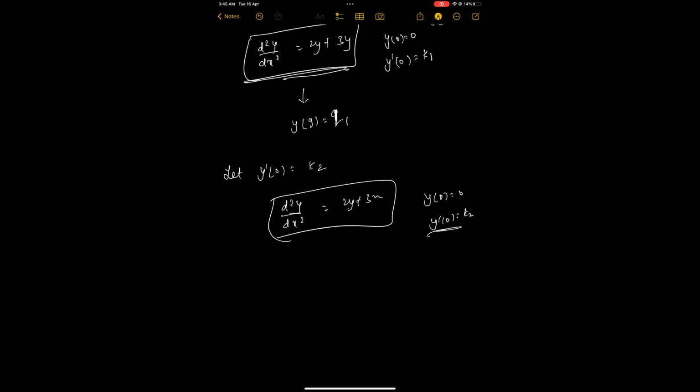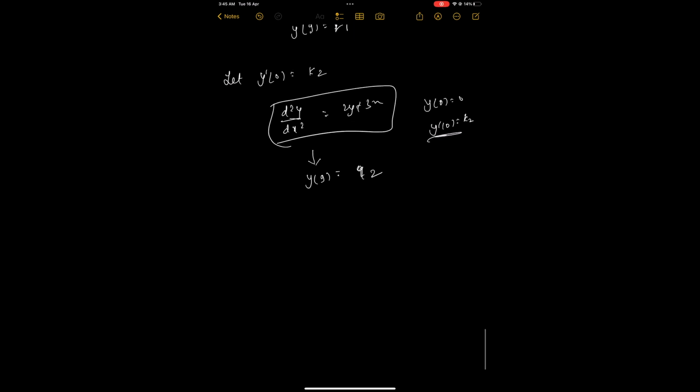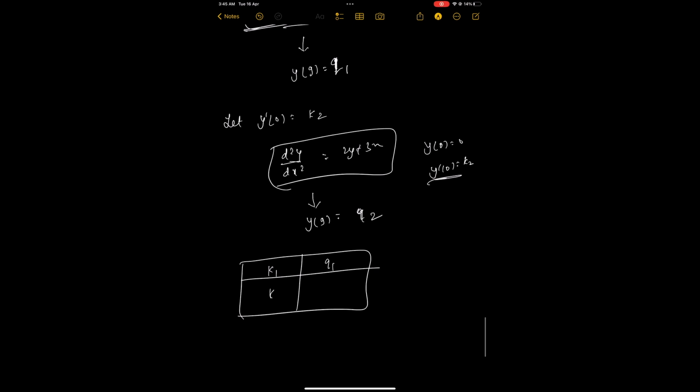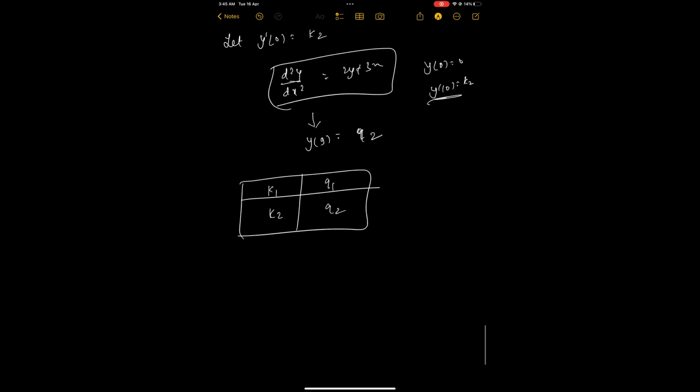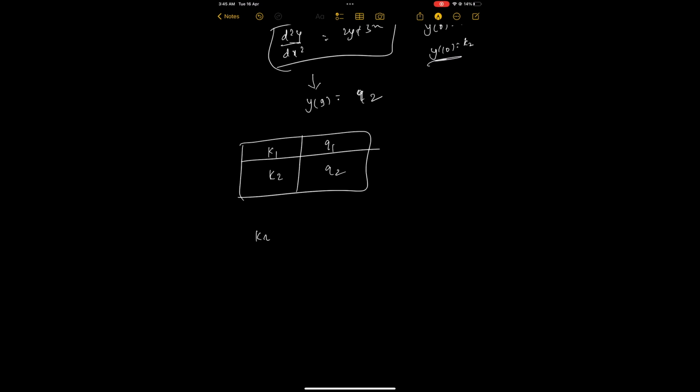This time we get y of 9 equals something, q2. Okay, so now we have a table. For k1 we get the y value q1 and for k2 we get q2.